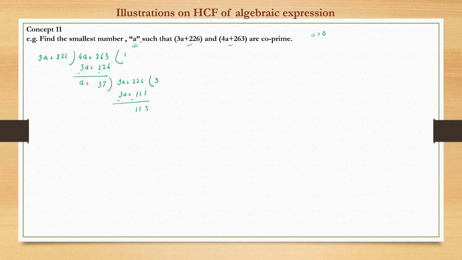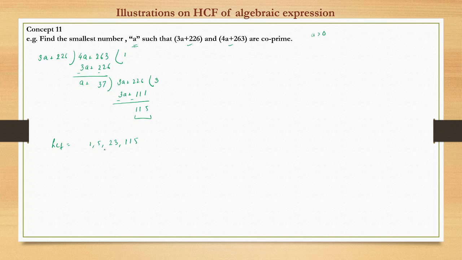So find the smallest number a such that 3a and 4 are co-prime. So it means that now factors are the possible HCF in 115. If we factorize, then this becomes 1, 5 and 23 and 115.